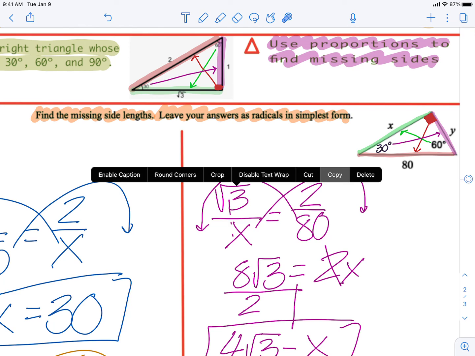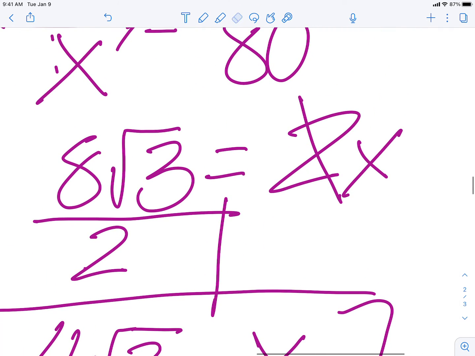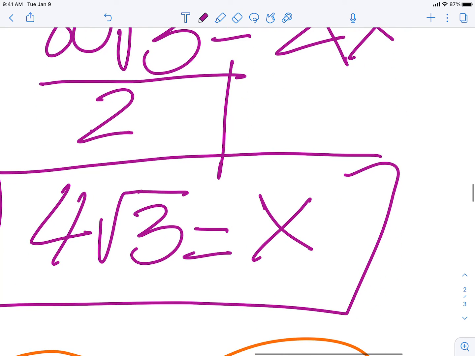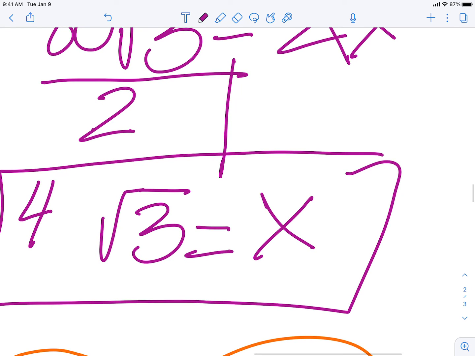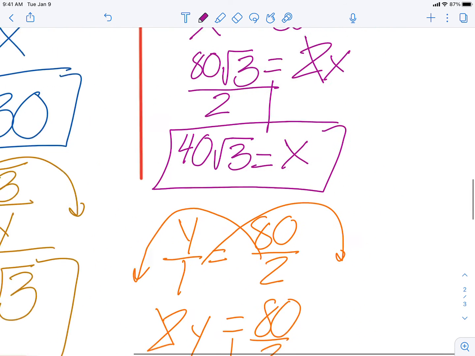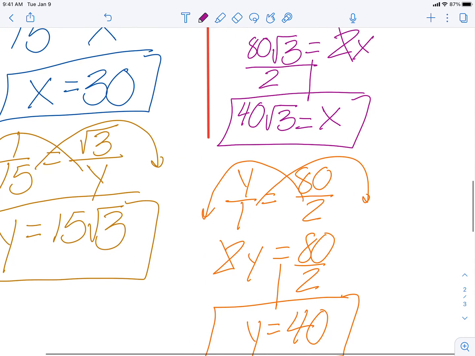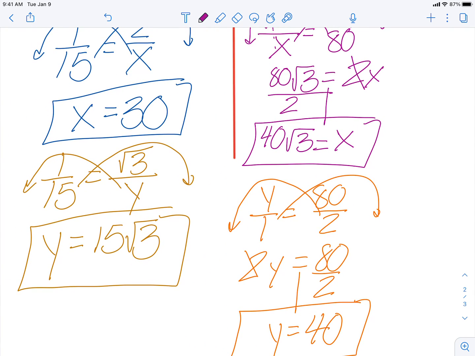Gosh, my bad. This is 80. So that means 80 divided by 2 is 40 radical 3. There you go. X is 40 radical 3 and y is 40.